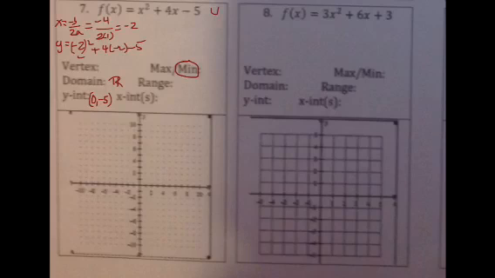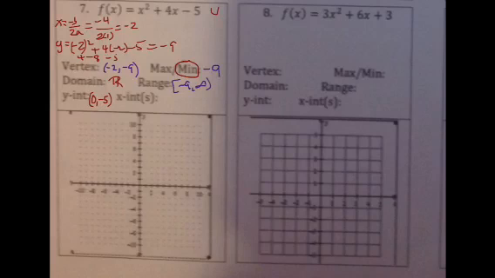So that gives me 4 minus 8 minus 5. So that gives me negative 9. So my vertex is going to be negative 2, negative 9. Okay? So then that gives me my minimum value. My minimum value is negative 9, and my range is from negative 9 to infinity.